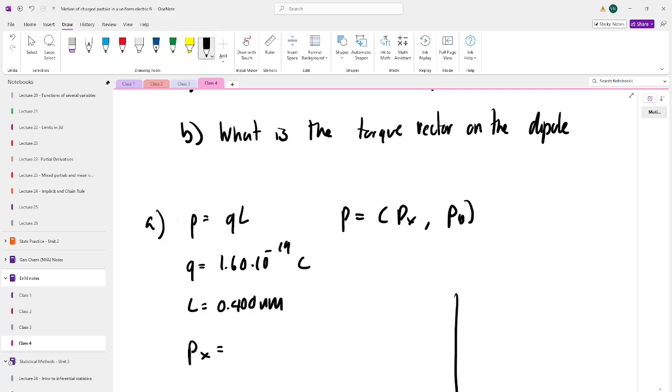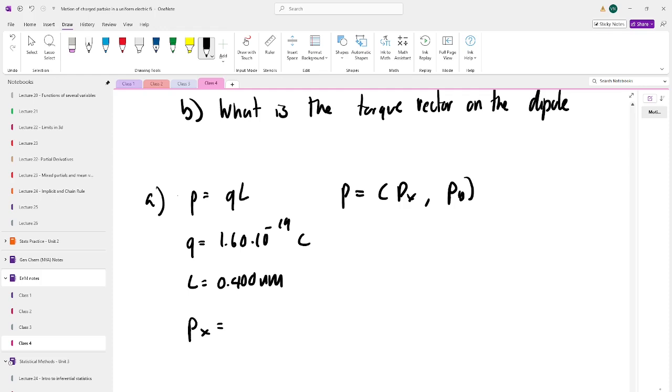If, for example, we were feeling torque like that, the dipole would just be equal to QL in one of the directions, in X or Y, depending which way you look at it. But here, we're at an angle, so we need to use our trig functions. For Px, we get P cos theta, and for Py, we get P sine theta.